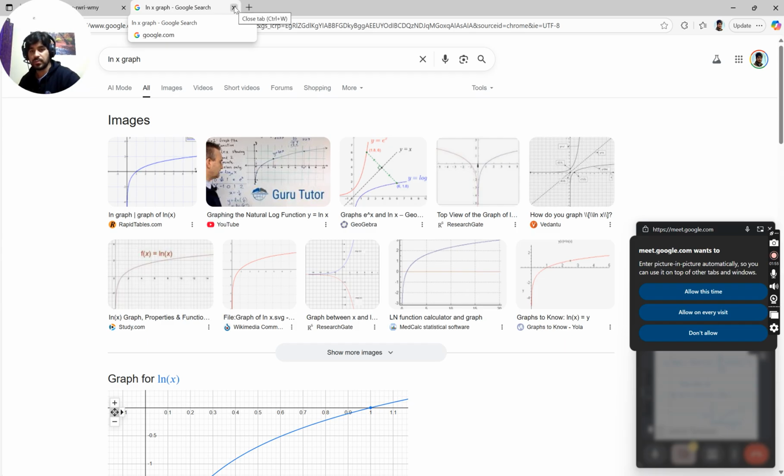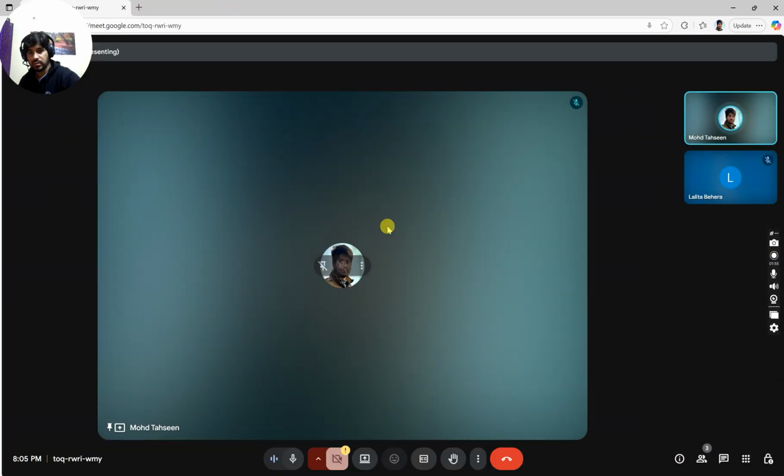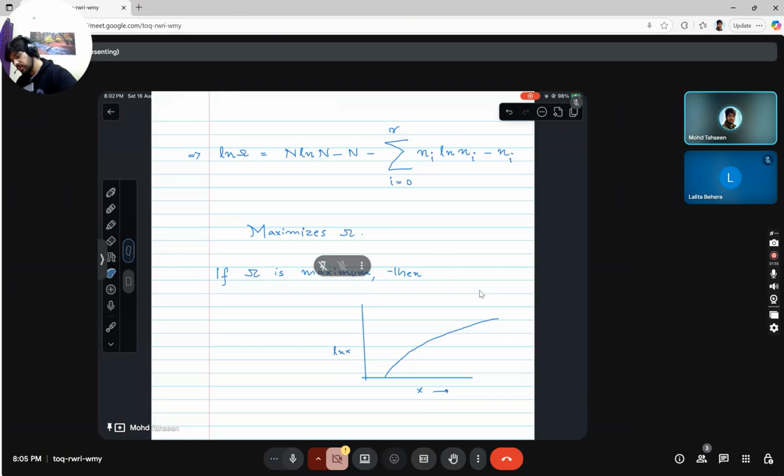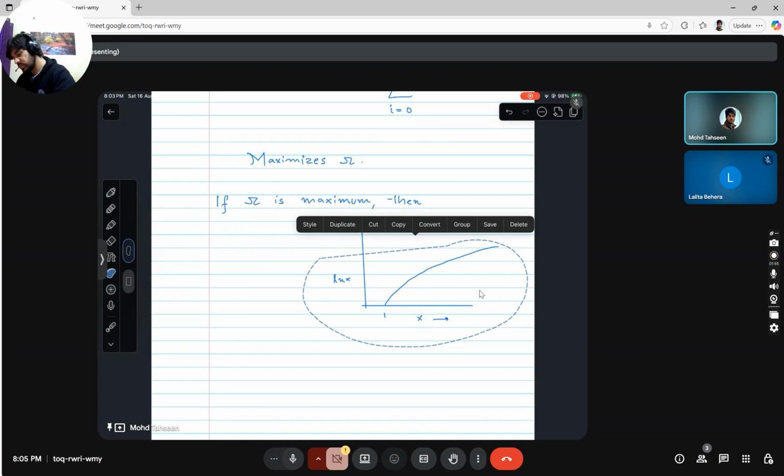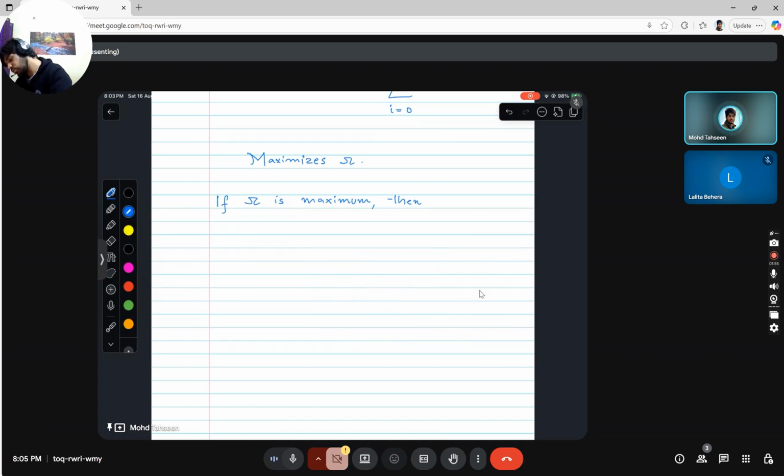So this is the plot of log, okay? So log of 1 is 0, right? But the point is, as x increases, log x also increases. So if x is maximum, that means log x is also maximum at that point. So if this holds, then del of ln omega with respect to each ni should vanish, okay?